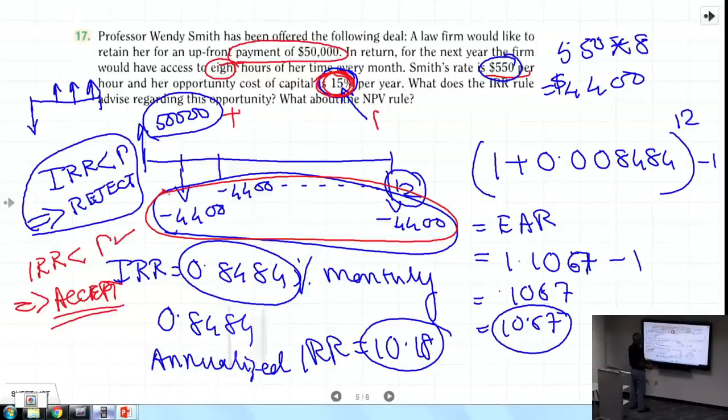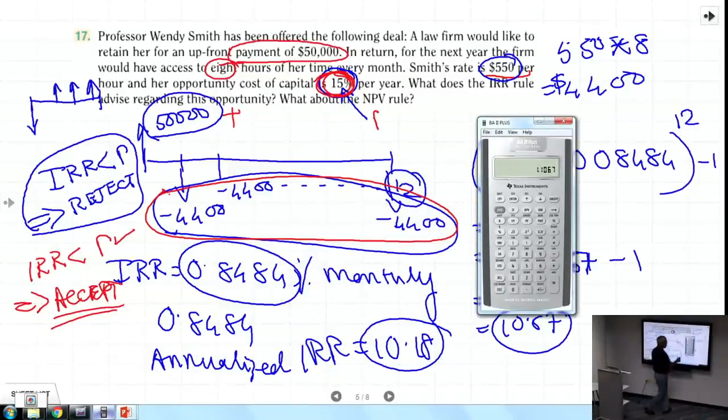We can get the same answer if I look at the net present value of this project. I clear everything. Everything is still entered in my cash flow register. All I need to do is go to my net present value, enter that as 15, enter, down arrow, and compute.